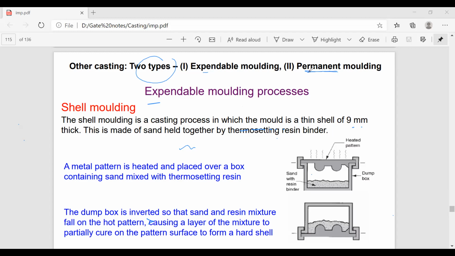Whereas in permanent molding, you will get a permanent mold. The mold is not expended, so you can use it multiple times. For expendable molding, there are many processes. First is shell molding. So what exactly is done in shell molding, we will see.